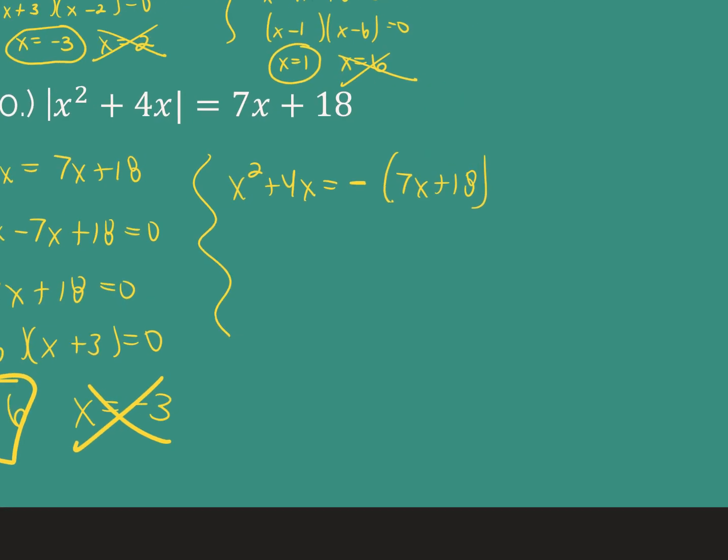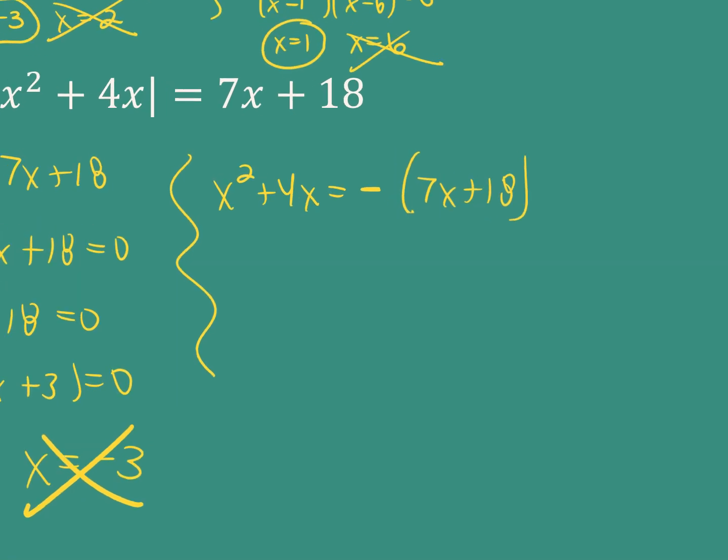I want everyone to check the next one. Everyone check the next one. I know we're running out of time. Check. I have x squared plus 4x equals negative 7x minus 18. Thank you.